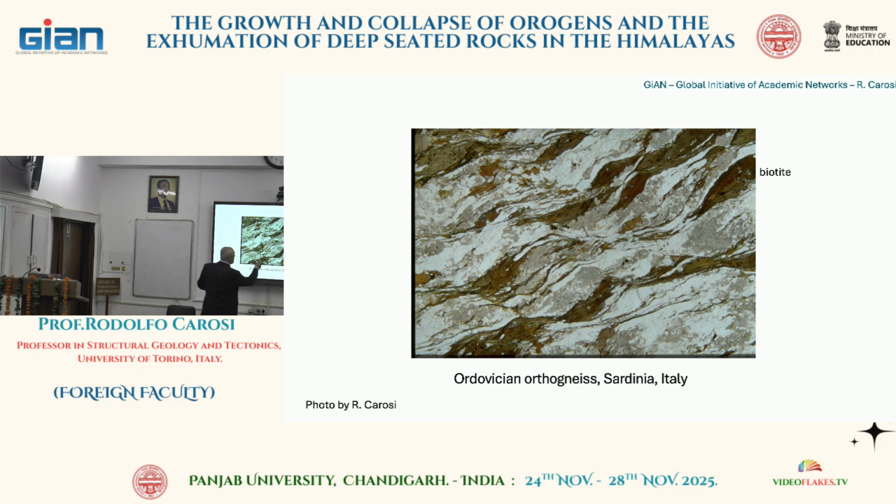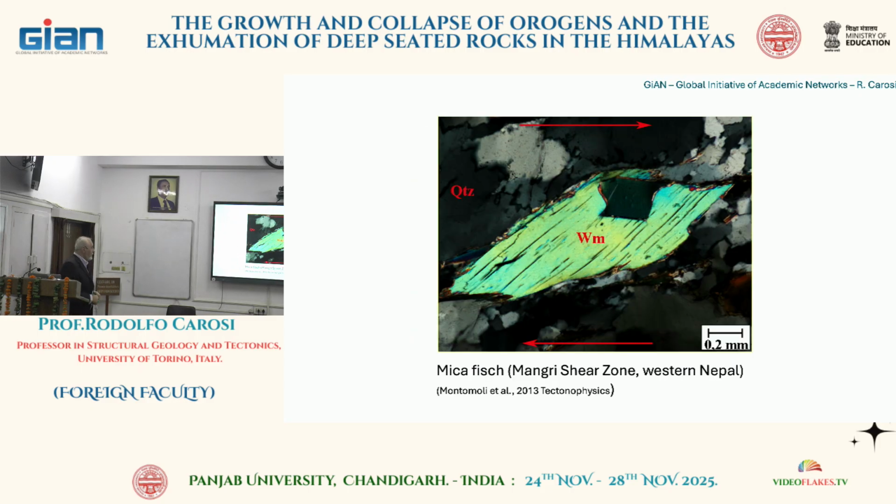So these are more or less biotite fish, a little bit more beautiful with respect to the others. So the sense of shear is... Dex. Good. Dex is the sense of shear.